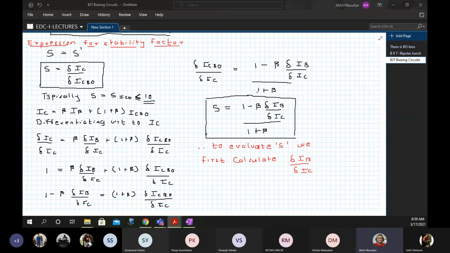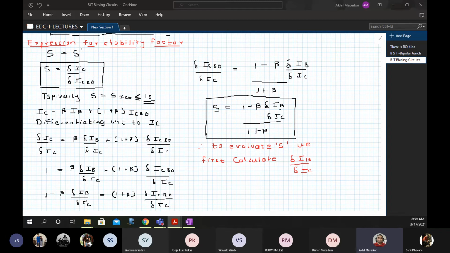Must lie on the DC load line means where? Towards extreme left or extreme right? So again we found out that the Q point must be at the center of the DC load line. Now it must be at the center of the DC load line throughout its operation.